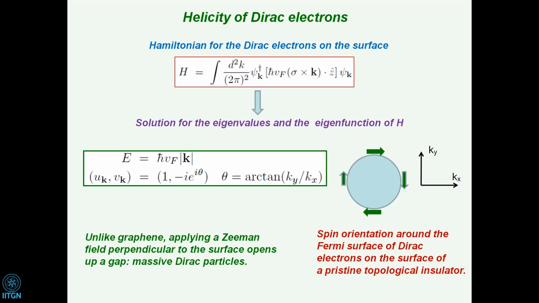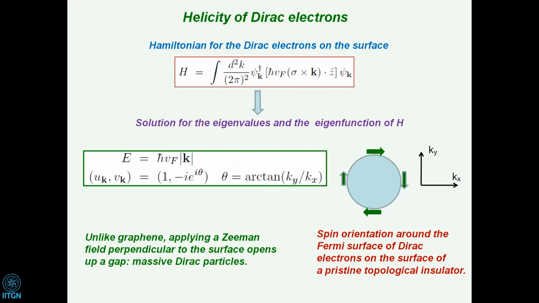Also, because you are dealing with the real spin, if you apply a Zeeman field which is perpendicular to the surface, then it opens up a gap, which means that because it gives a sigma z component, the Hamiltonian now becomes this plus B naught times sigma z, and if you diagonalize that 2x2 matrix, you see that there is an energy gap which opens up, and that gives you massive Dirac particles.